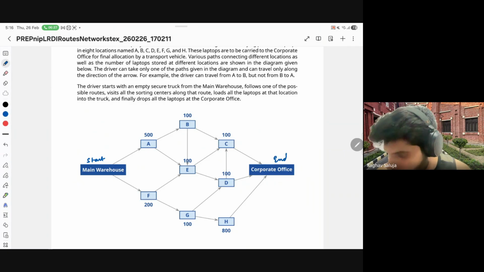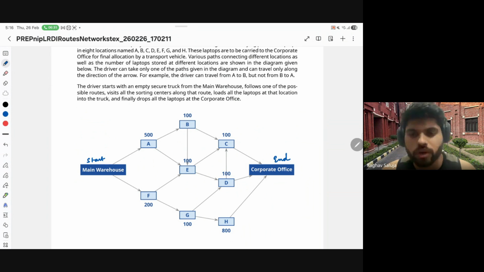This is your end, by the way. So A and the arrow is towards B. It means you can go from A to B. It is mentioned. Numbers, these are not distances. As I've mentioned, these are the laptops stored at that location. We are not adding distances, not adding anything else. We are just adding the laptops at the locations we visit.